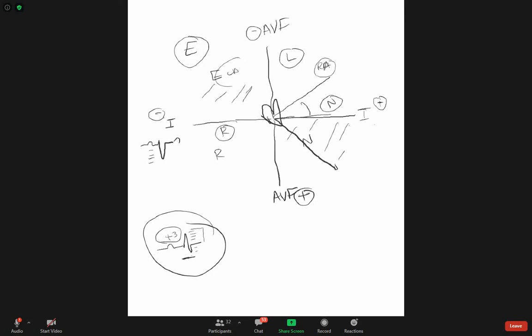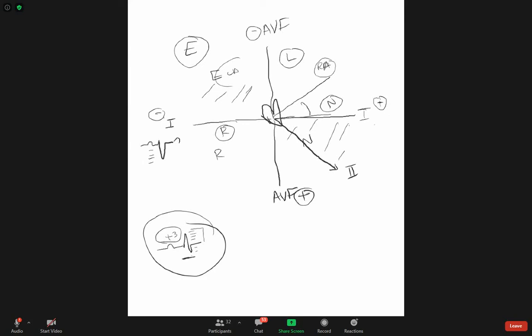So this is lead 2. If you have a positive lead 1 and a negative AVF, you will be in either a normal axis or a left axis. To conclude this, you'll need lead 2.